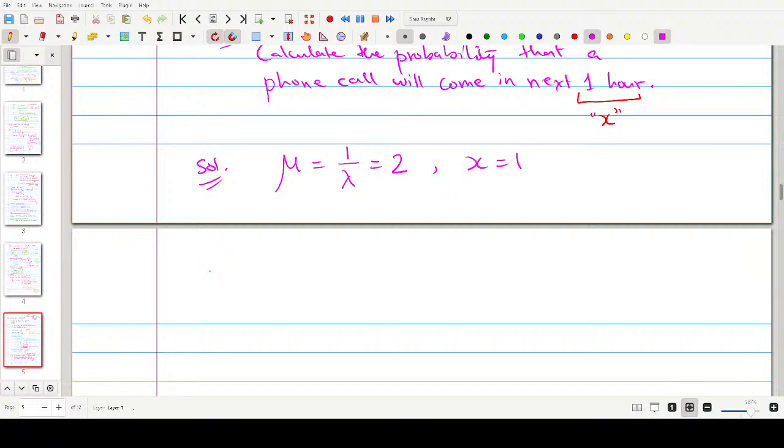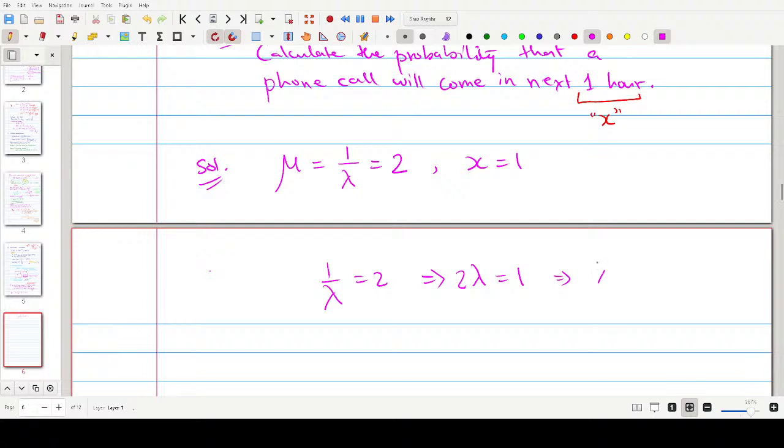So next 1 hour. 1 by lambda is equal to 2. We need to find out the value of lambda. So 2 lambda will be equal to 1. We are cross multiplying this, and lambda will be equal to 1 by 2, that is 0.5.